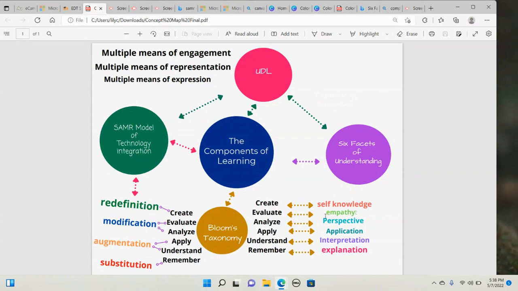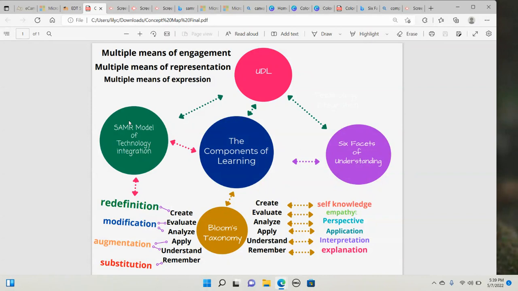Evaluate and empathy don't line up 100% in my mind, and neither do create and self-knowledge. But I think they would line up best this way if I had to line them up with some of Bloom's levels.